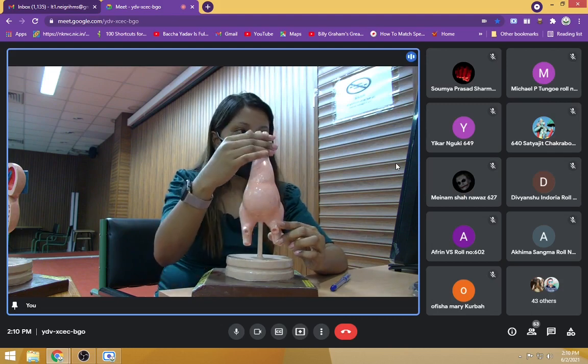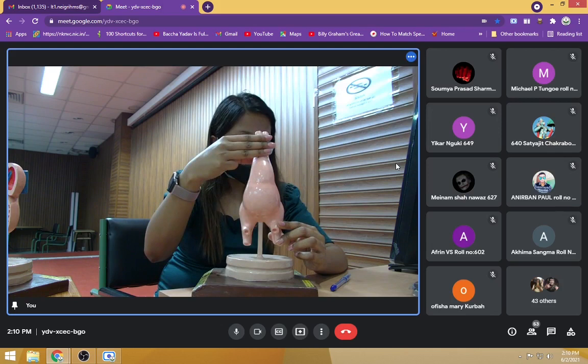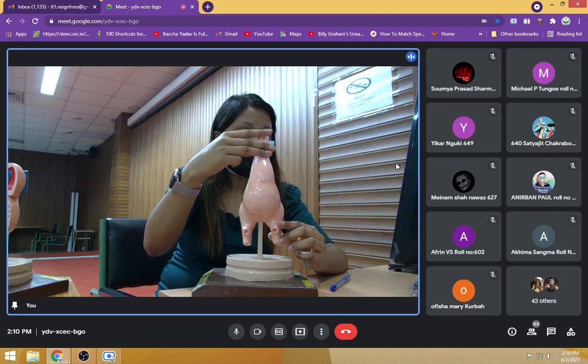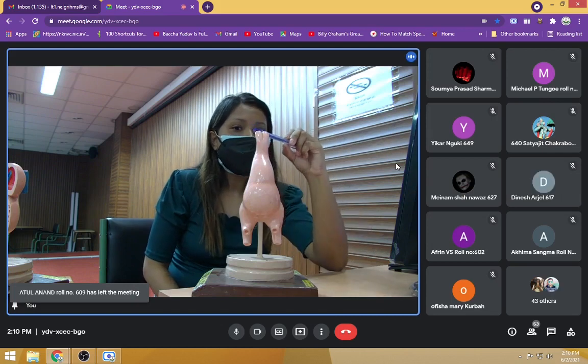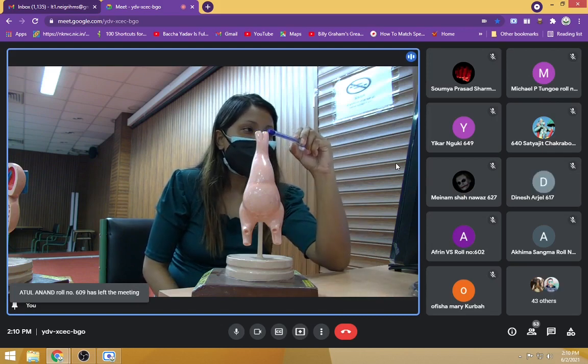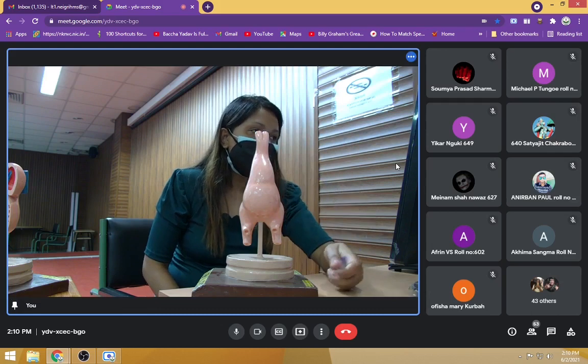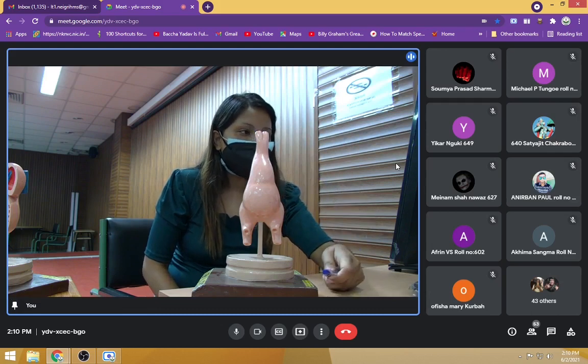The truncus arteriosus will form the outflow tract. What are the outflow tracts? They are the aorta and the pulmonary artery.